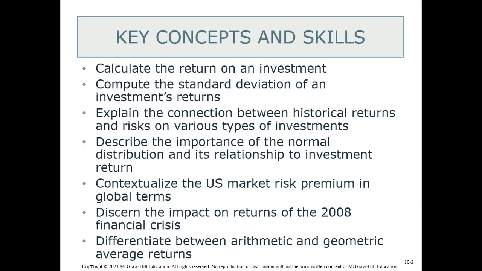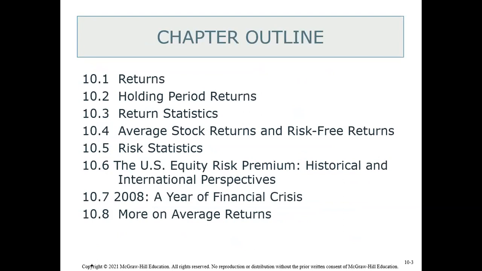We will contextualize the US market risk premium in global terms. So we're going to look at it with respect to the rest of the world. We're going to look at the impacts on returns during that 2008 financial crisis. And then finally, we'll be differentiating between what we call the arithmetic and geometric average return. So there's our chapter outline.